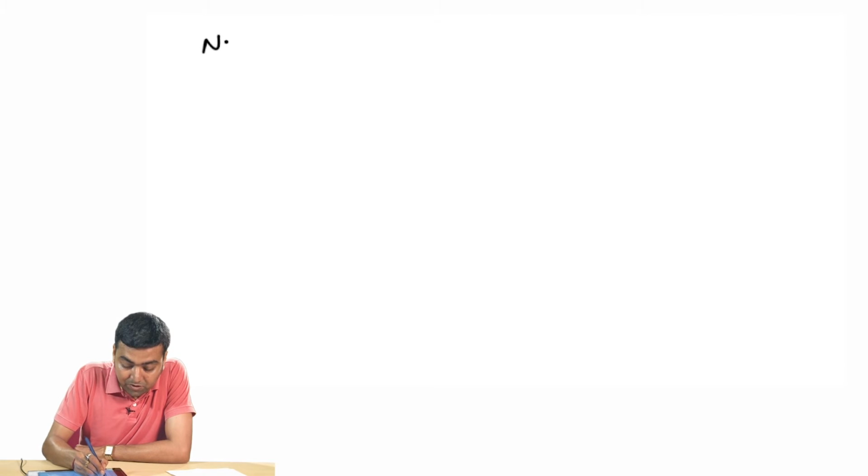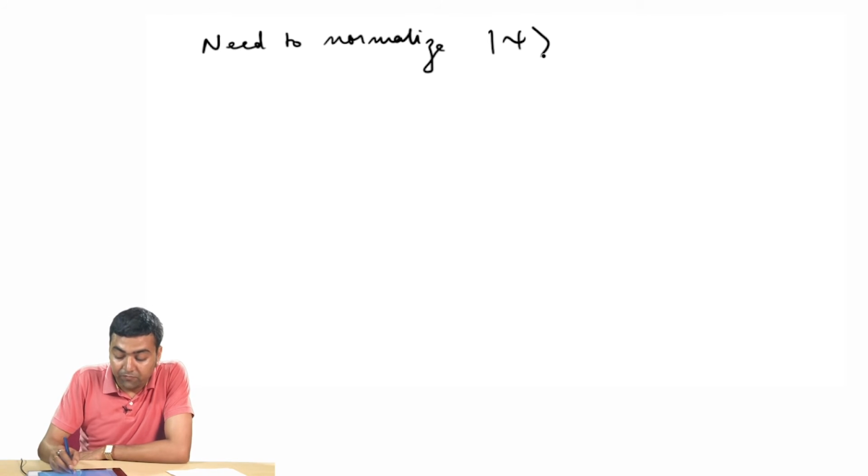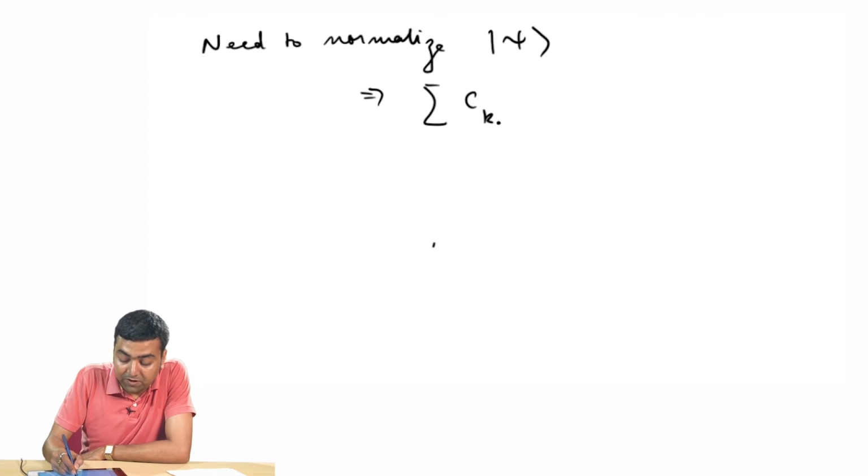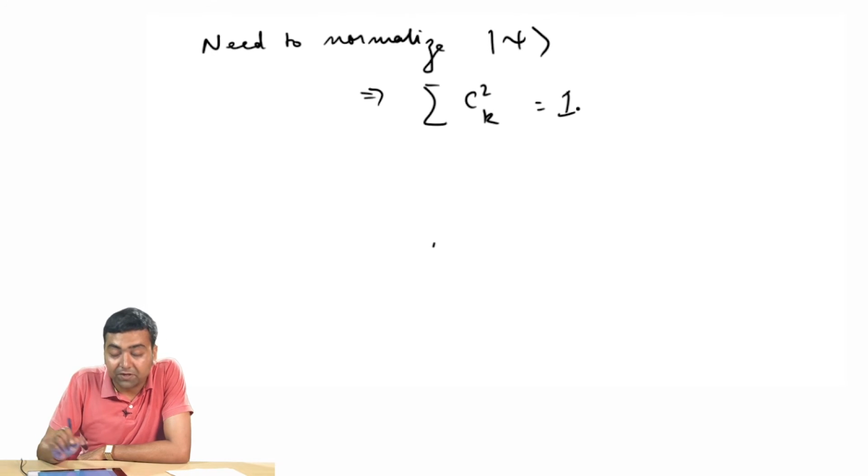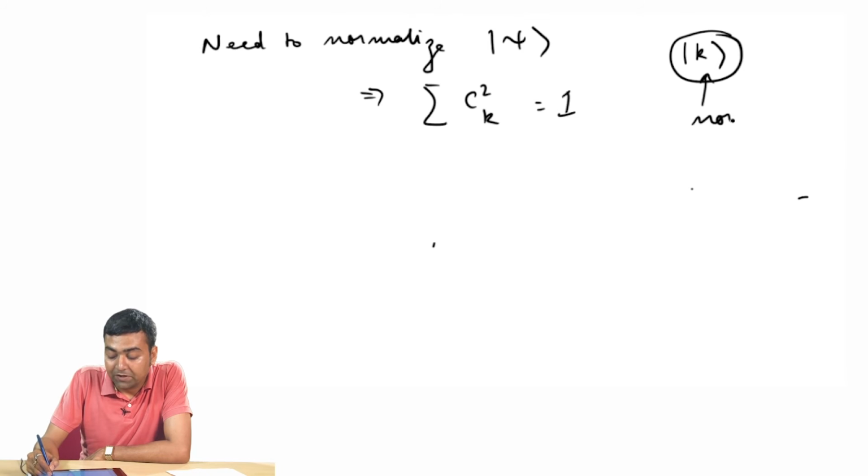So, we need to normalize my psi. If we impose the normalization condition, one can show that the sum over the square modulus of the coefficients should give me 1, because I have assumed that these |k> basis vectors, this discrete basis set, are also normalized.